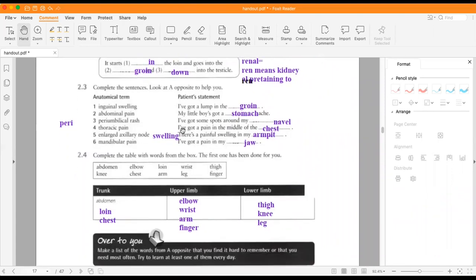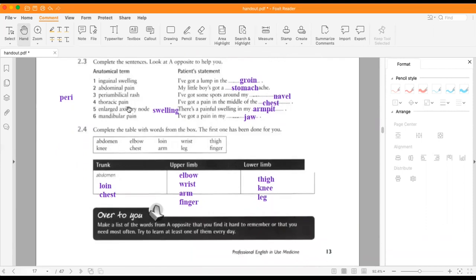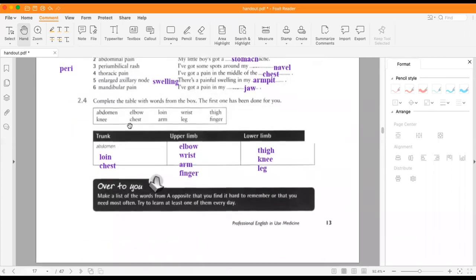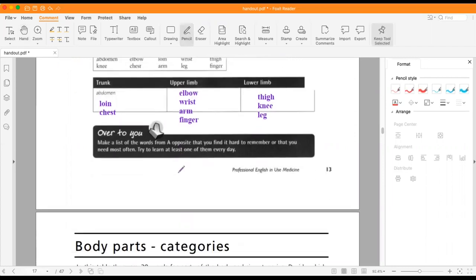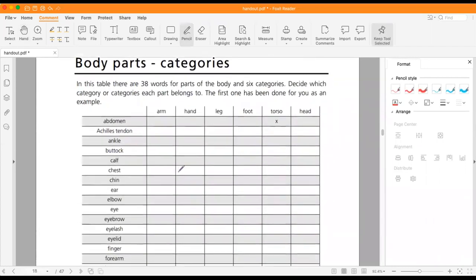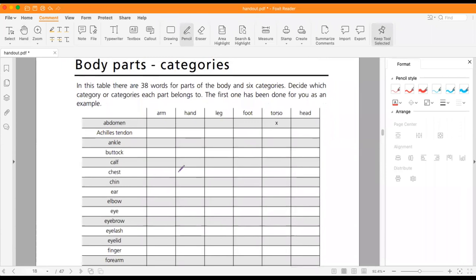Here we have the anatomical term and the patient statement. And here, how to divide the body parts into trunk, upper limb, and lower limb.